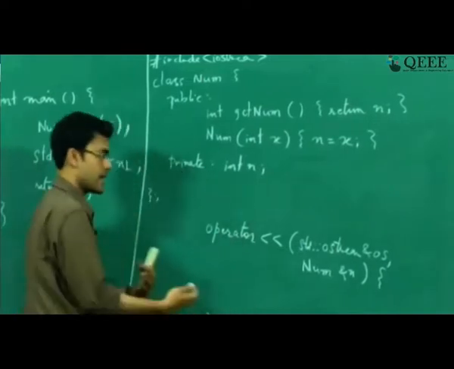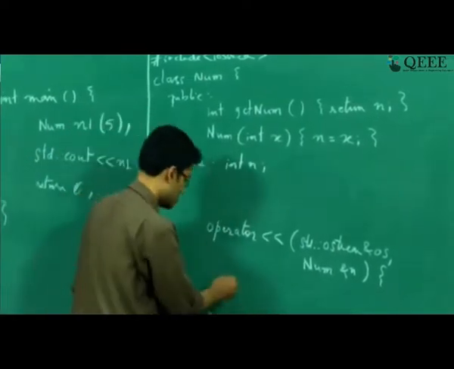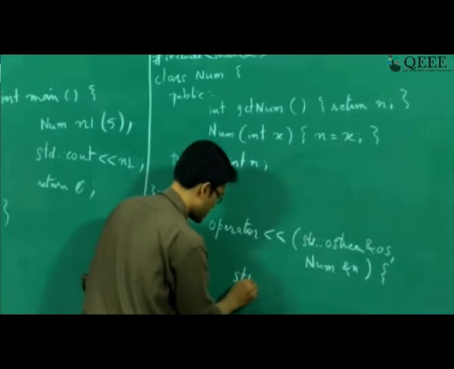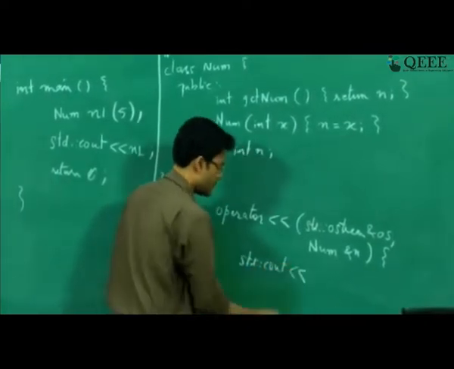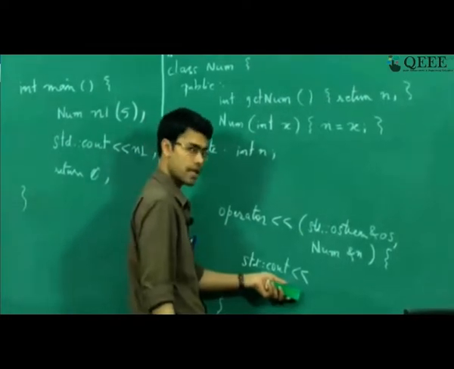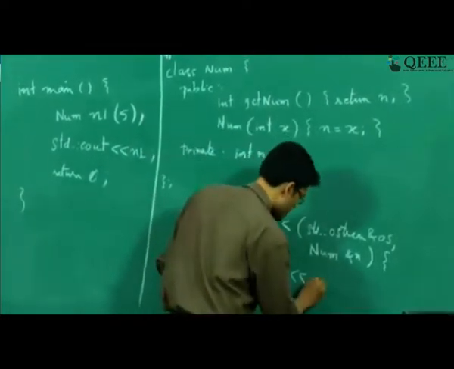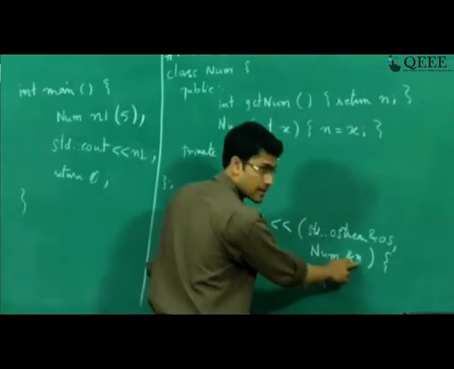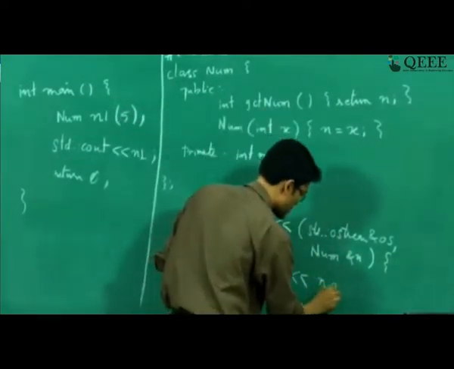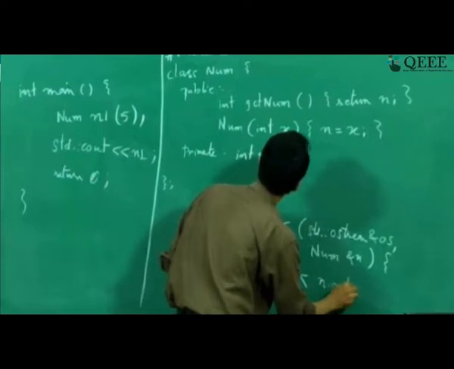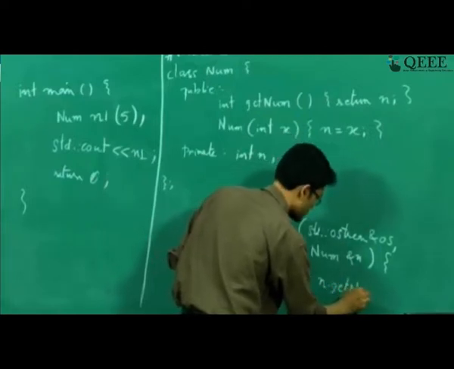And what you do inside is essentially you just use standard cout. This left shift is now going to be using the variable n, which is of num type, but I'm going to invoke getNum on this.